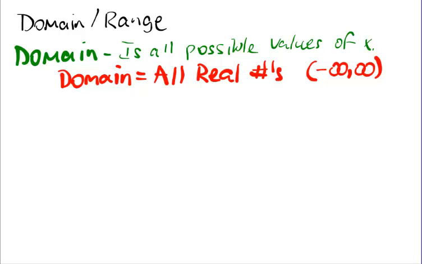Okay? The domain is all real numbers except for two cases. Number one, if you have a fraction. If you have a fraction, you are not allowed to have 0 in the denominator. So if you have a fraction, set the denominator equal to 0.